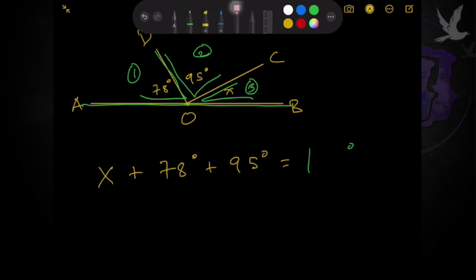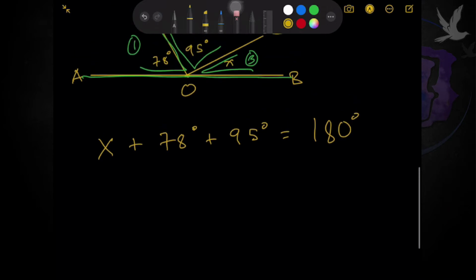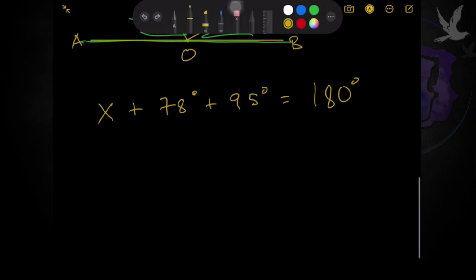Let me just change that color again. 180 degrees. And how do we solve for this? All you need to do first is to add. If you notice pala, we have two sides, yung parati kong nire-review. This side along with X and the other side, kung saan nyo ini-equate yung formula natin. The equation.